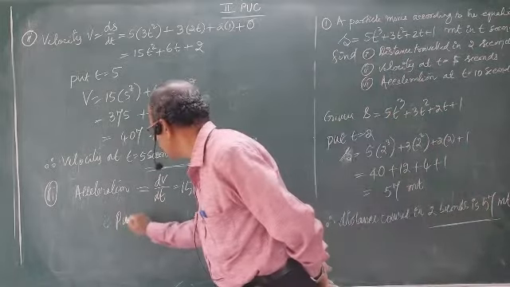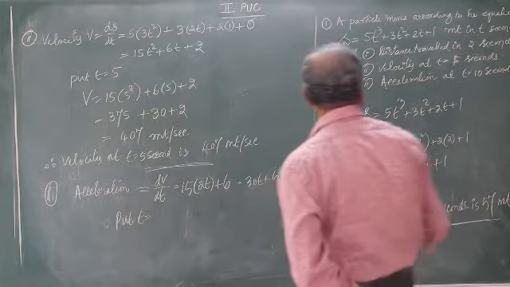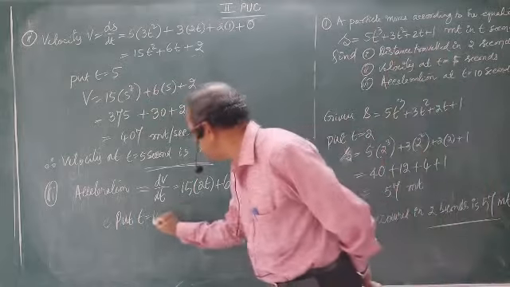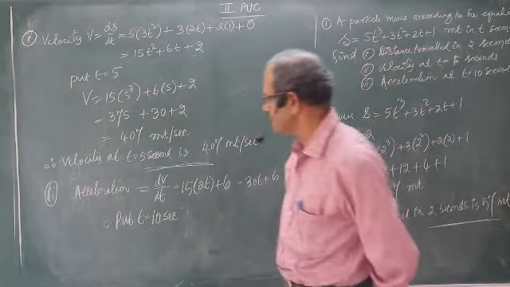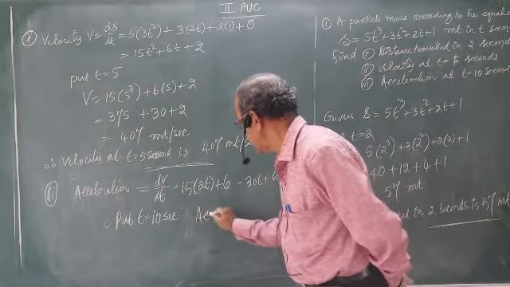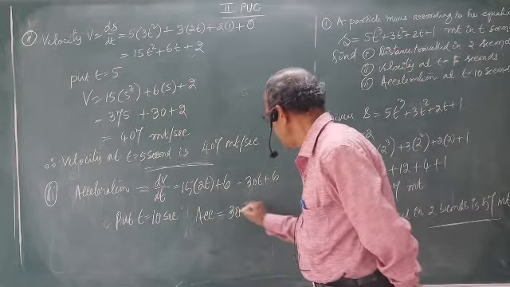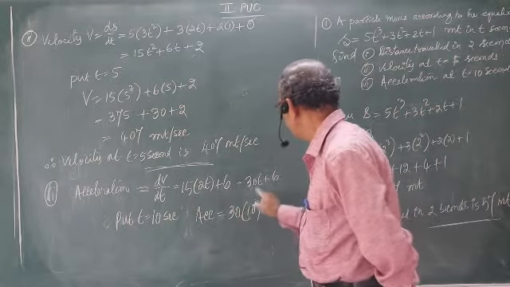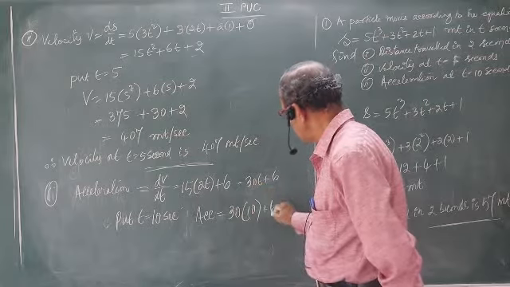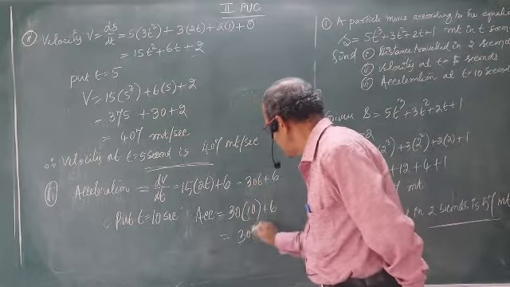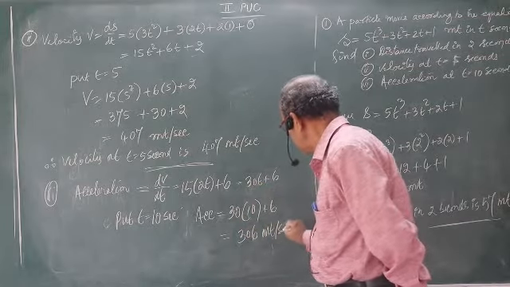Put t equal to 10, acceleration at the end of 10 seconds is required. Acceleration equal to 30 into 10 plus 6, 306 meter per second square.